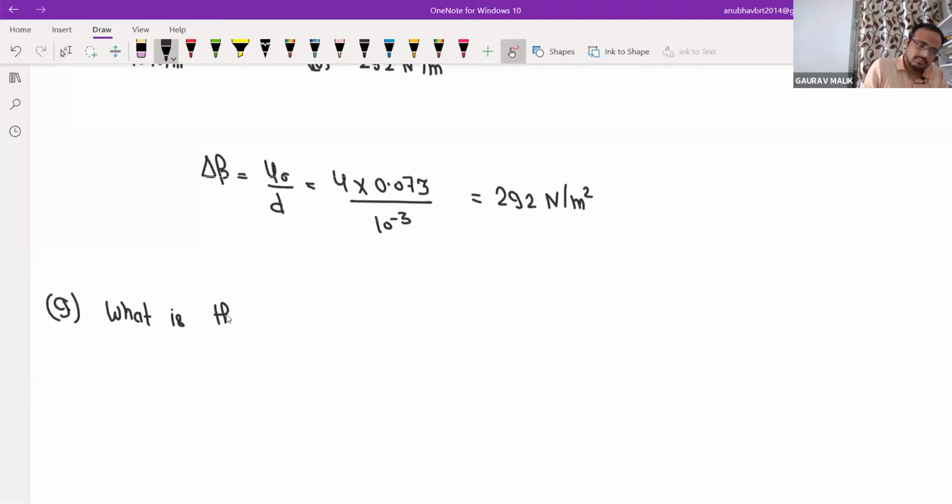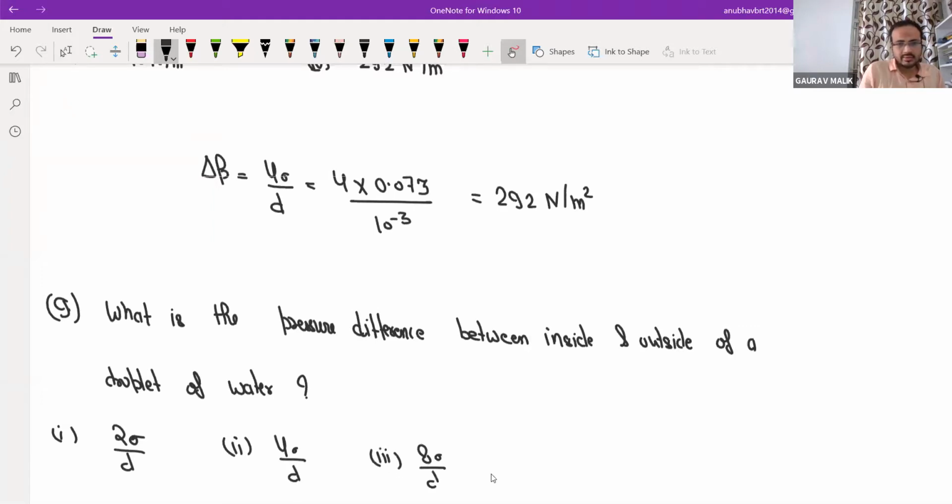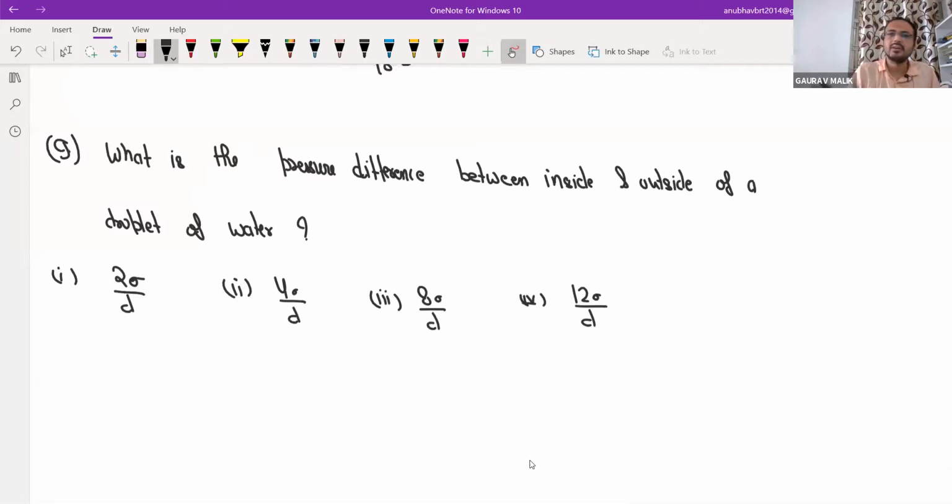What is the pressure difference between inside and outside of a droplet of water: sigma by D, 4 sigma by D, 8 sigma by D, 12 sigma by D. Because some students are ultra legendary type who will take 12 sigma by D also, where sigma is surface tension and D is the diameter of the droplet.